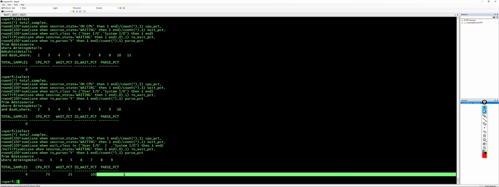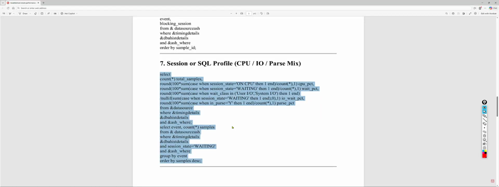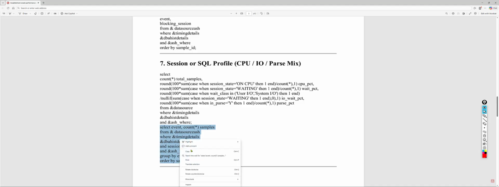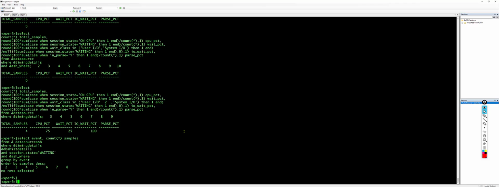In parsing it is 0; almost all of the 25 percent comes under IO. That's it. This gives us the ratio of what exactly the issue category is. The issue category may be IO, locks, parse, or any other category that can happen.